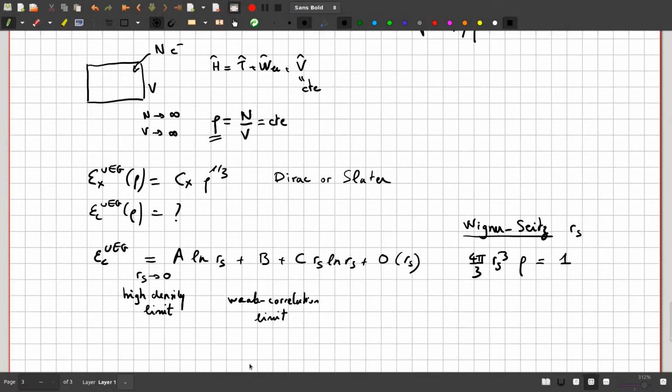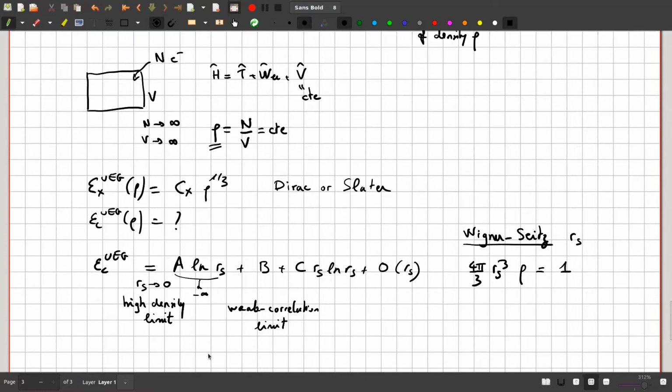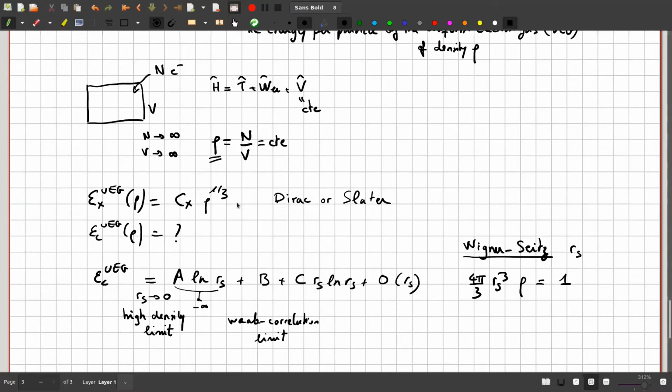Even though the correlation energy goes to minus infinity in this limit, you may be surprised to learn that it is weak. This is because it is still weak compared to the exchange. Because the exchange, if you express it in terms of the same Wigner-Seitz radius, is proportional to 1 over Rs.